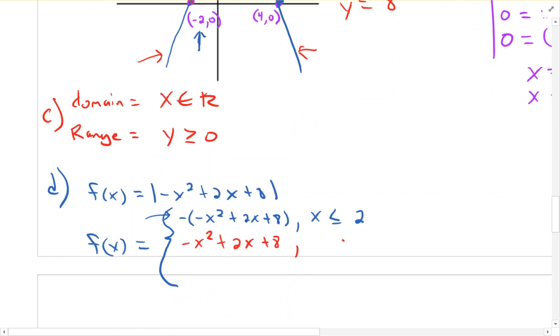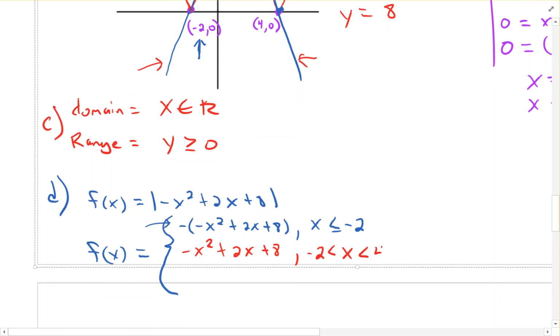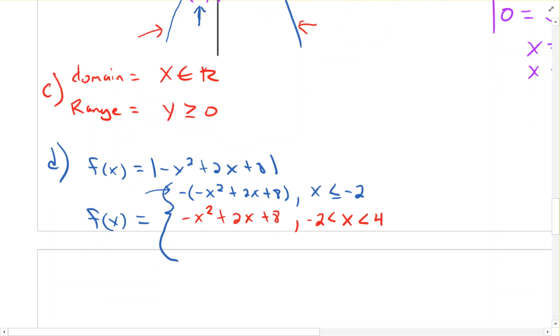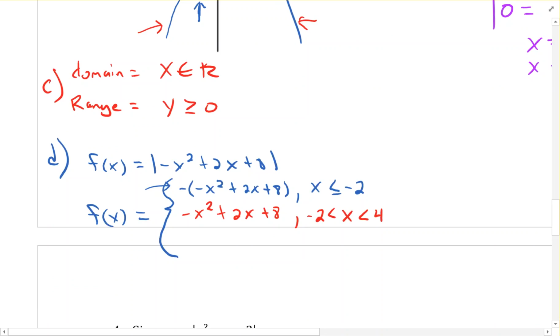I'll put an x over here a little farther, and say greater than, oh, that should have been negative 2, and less than 4. Okay, hopefully you're following me there.